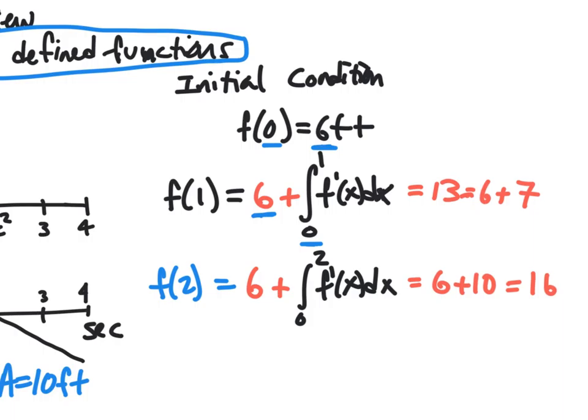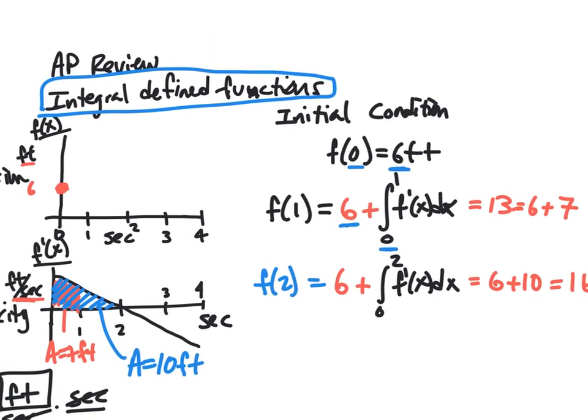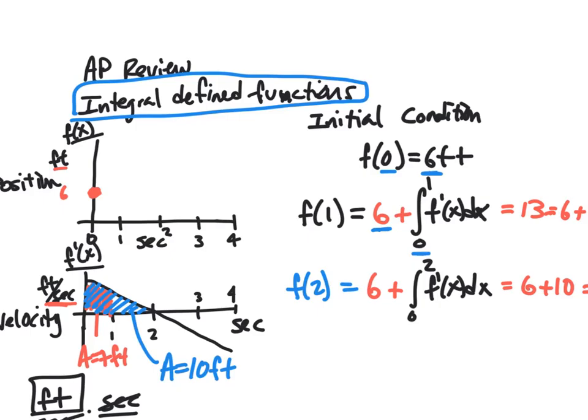Okay, so what I can do now, sorry, I should have done this earlier, is actually plot those points. So at 1, we have a value of 13. At 2, we have a value of 16. And when I get those values, then we're able to create that top part of the parabola.